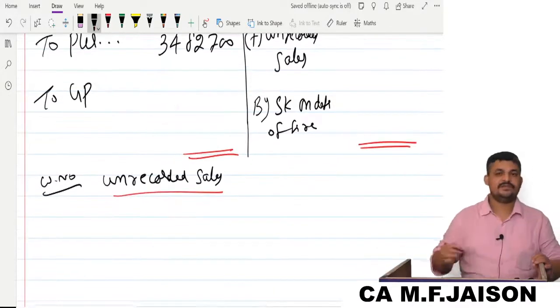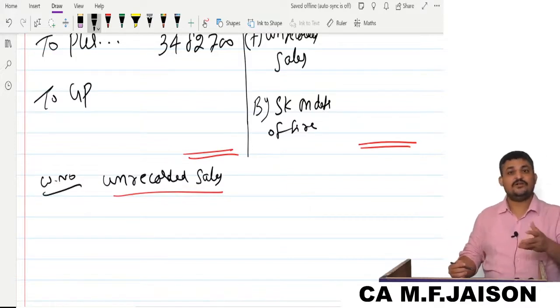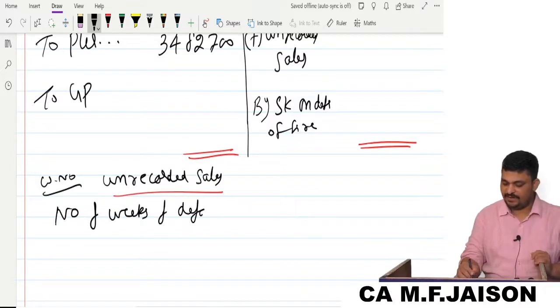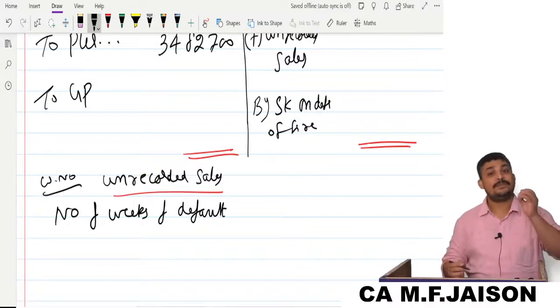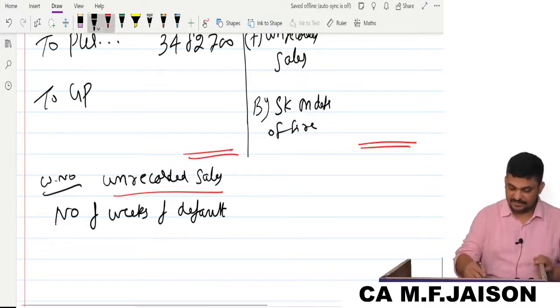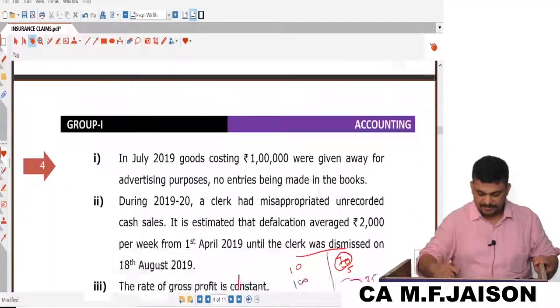So first what we will do is that we would like to find out number of weeks of default, because the question says that on an average 2000 per week is the default.